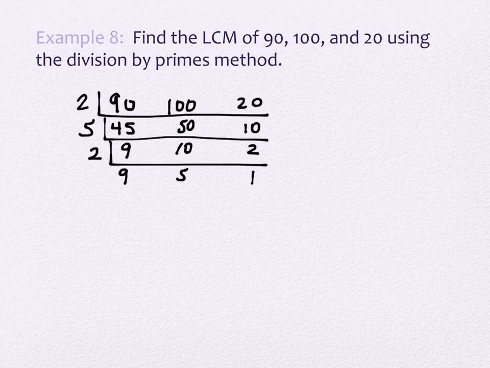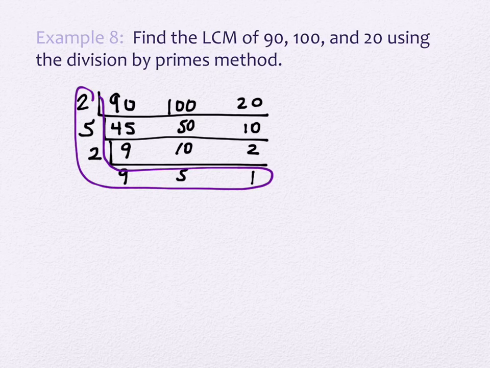And when we're looking at the 9, 5, and the 1, do they have any other common factors between any of the two of them? No. And then our answer ends up being the product of everything along the side and the bottom. That will give us the least common multiple. So we have 2 times 5 times 2 times 9 times 5, and then technically times 1.